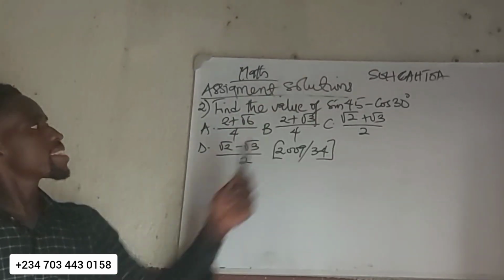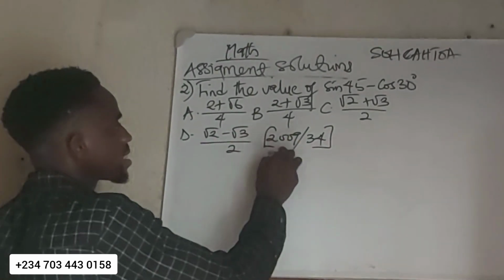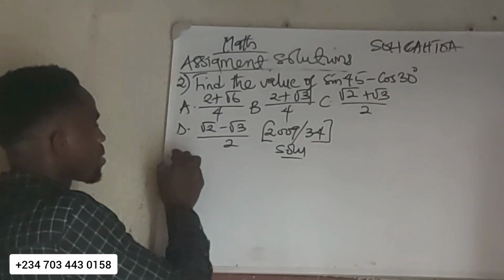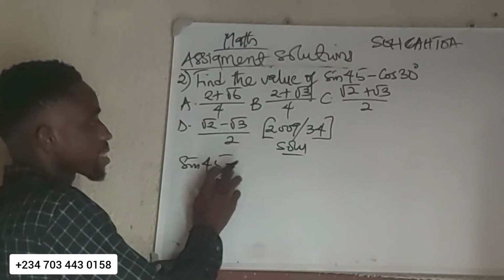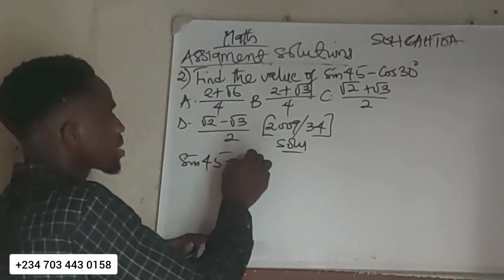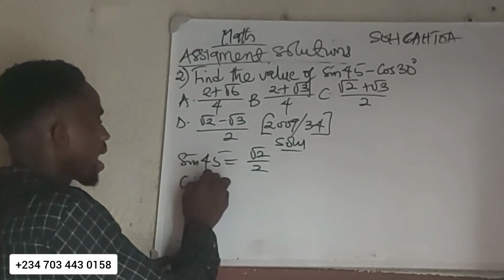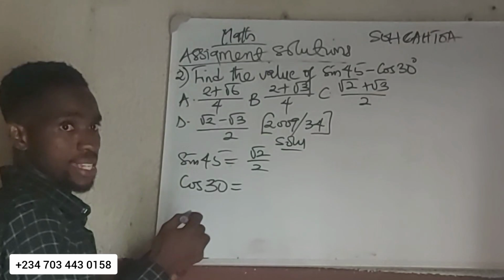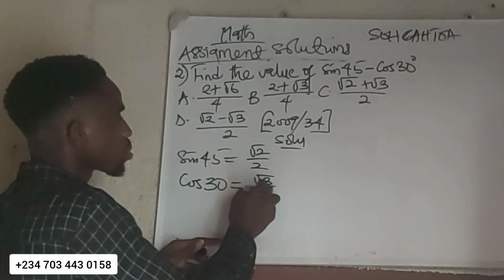So to solve this second assignment, we have sine 45 minus cos 30. We remember that sine 45 is the same as cos 45, which is root 2 upon 2, and then cos 30 is the same as sine 60, which is root 3 upon 2.